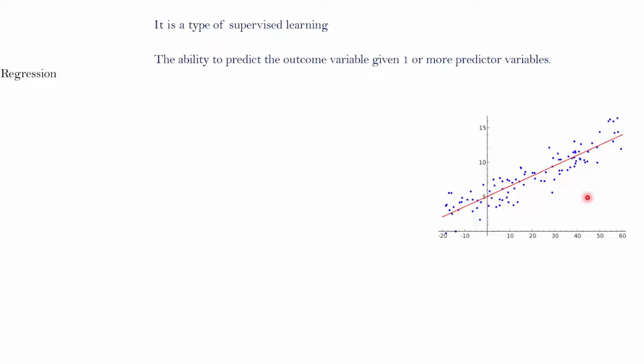If you predict something lying here, or something lying here, that's going too far. But if we are predicting this point and your actual is like this, or maybe here, then it is more likely that you can tackle that.